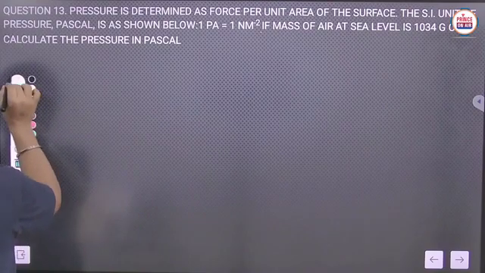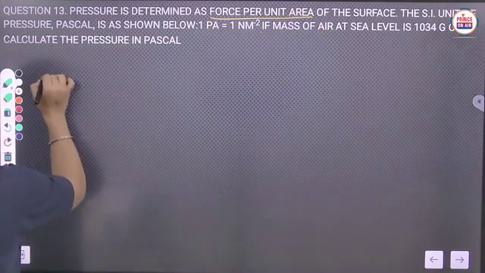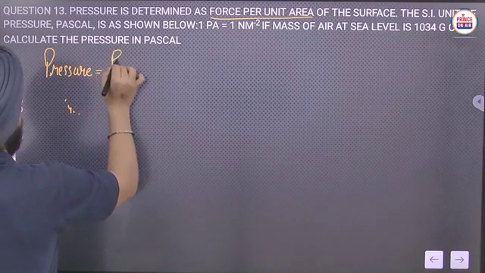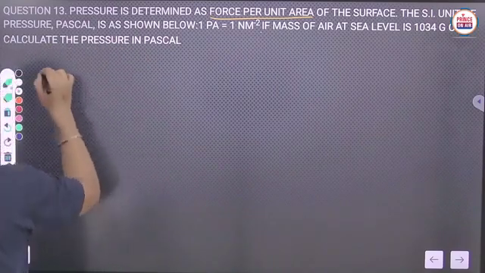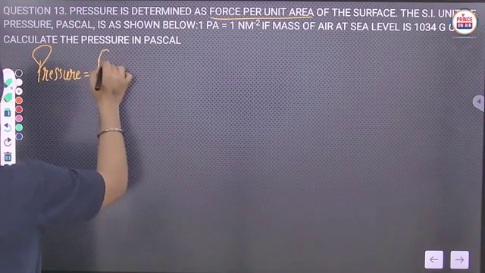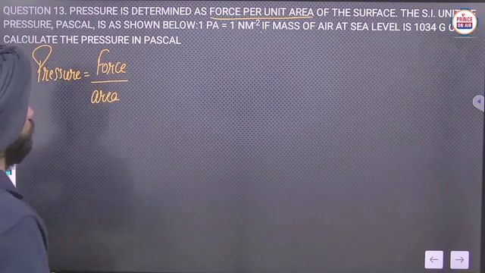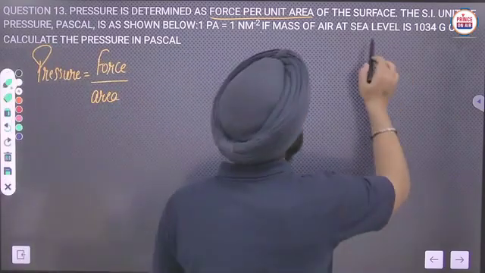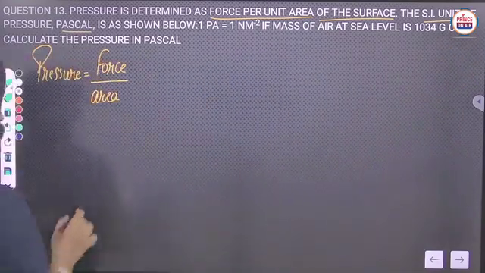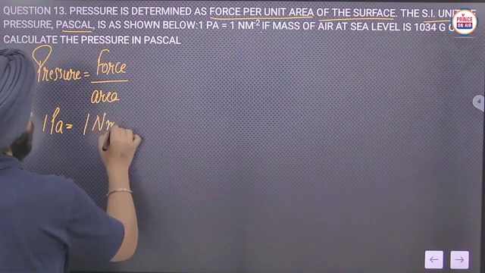Pressure is determined as force per unit area, meaning pressure is force upon area. The SI unit of pressure is Pascal, and the value of 1 Pascal is given to you, that is 1 Newton per square meter.